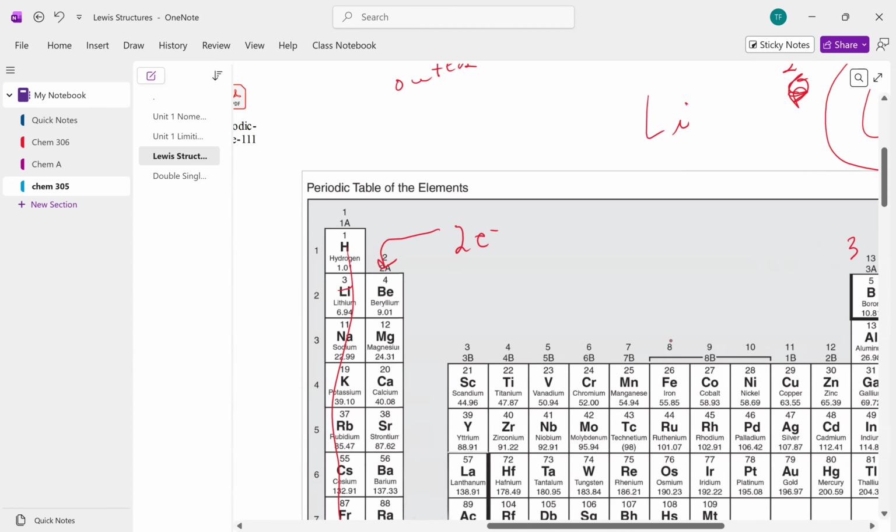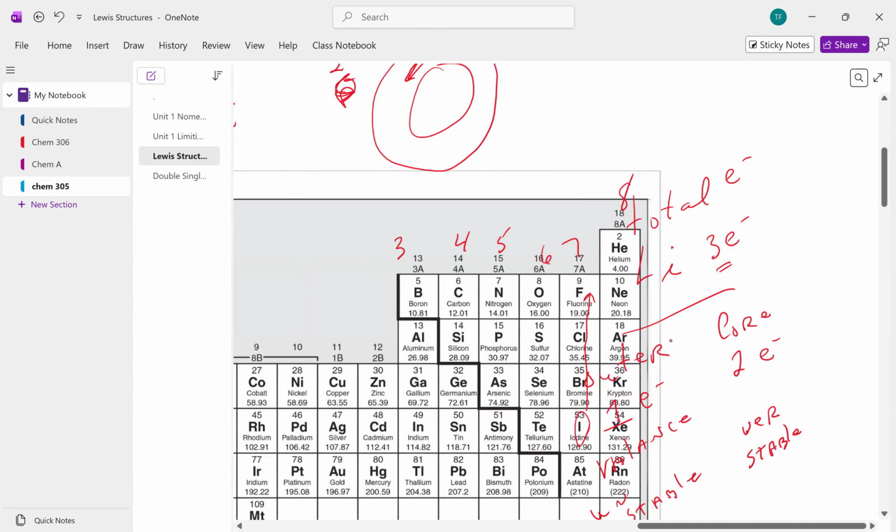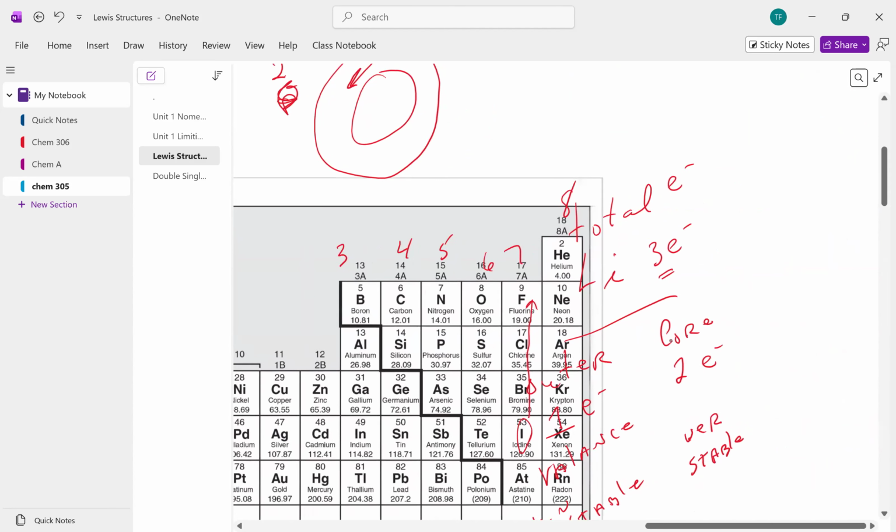Okay, hydrogen is by itself, 1 singleton. Boron is 3, carbon's 4 singletons. But see, nitrogen, once you get up to 5, they start pairing up. When you get to oxygen, they pair up again. When you get to fluorine, they pair up again.